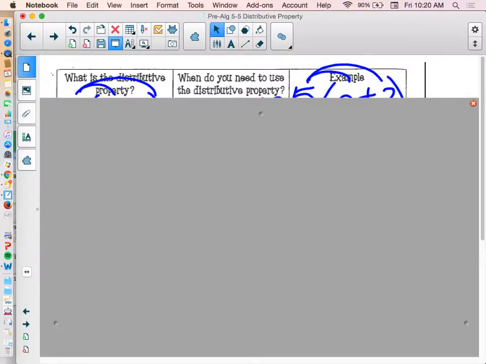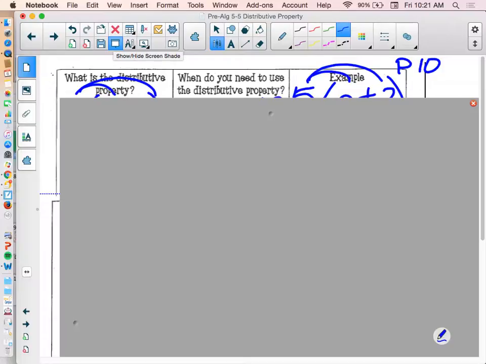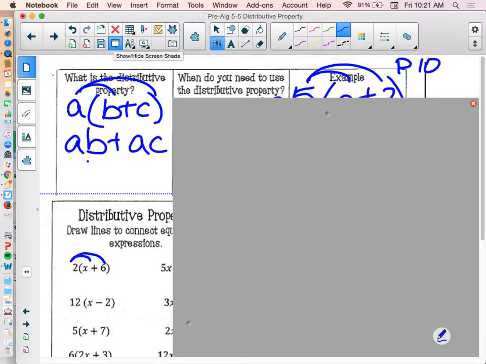Please turn in your packet to page 10. I'll write that up here. Page 10 in your packet and take some notes. What is the distributive property? Well, if you use symbols to show what the distributive property is, you would write it like this. A times the quantity, but we don't have a times symbol. We just know that it means multiply.